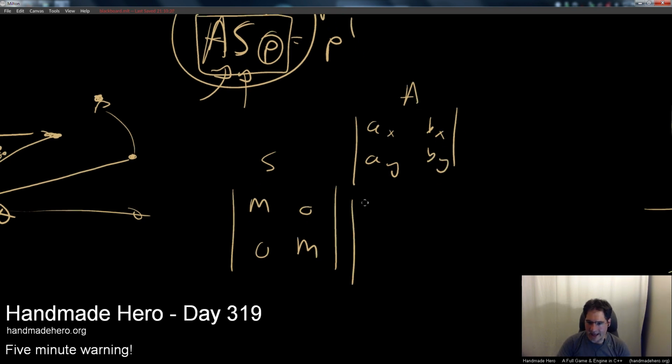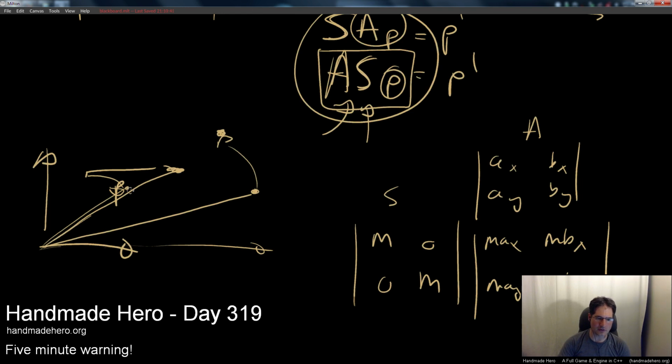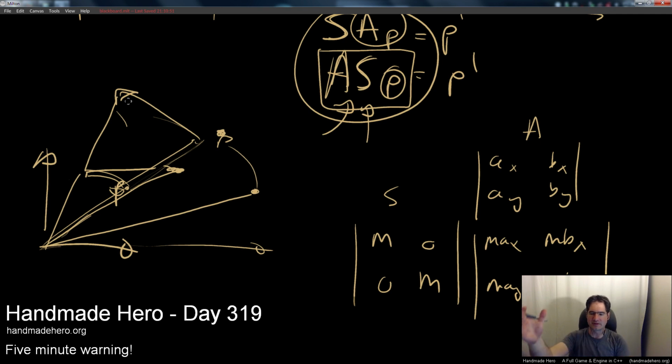Well, now I'm okay. I get MAX, MBX, and I get MAY, MBY, right? That was equivalent to the thing I was about to draw there, which is like, if I just scale everything uniformly, then the point ends up in the same place. Because it doesn't matter whether I rotate first and then scale, or scale first and then rotate, they'll put me in the same place.